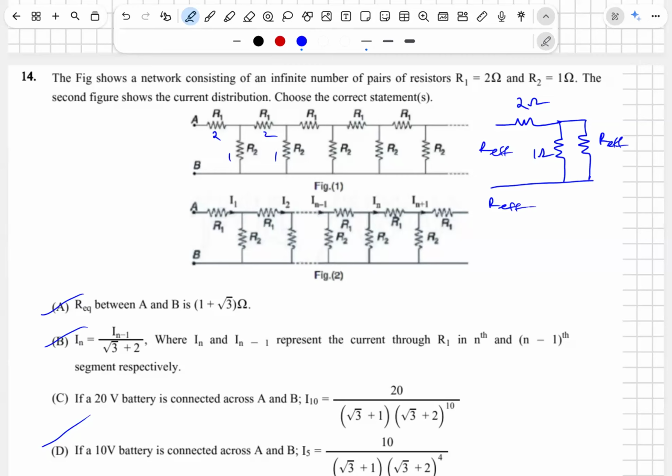R effective is equal to R effective by (R effective plus 1), plus 2. So R effective is (R effective plus 1)(R effective minus 2). So R effective is R effective square minus 2R effective plus R effective minus R effective minus 2. Here, anything wrong?